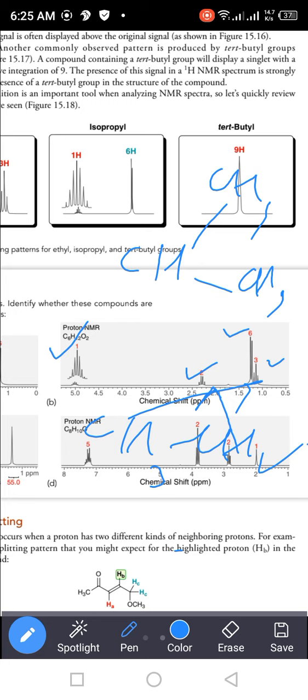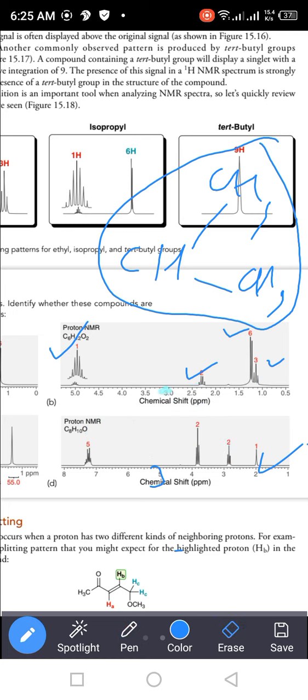Now these four peaks are justified. We just must have this isopropyl group and ethyl group. When you have isopropyl and ethyl group, means you have justified these four peaks. Now these fragments connect with each other. How are these connected?